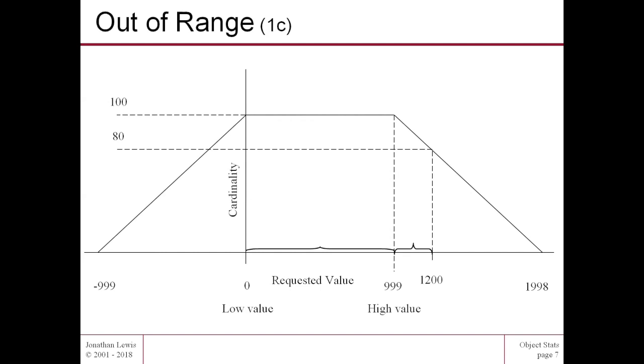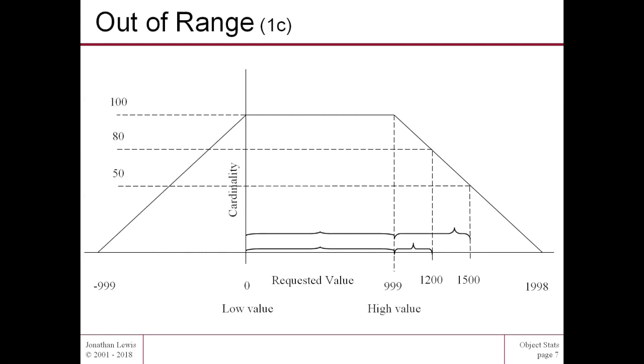And roughly speaking, you can look at the two areas I've highlighted there, which says 999 to 1200, that's about 200, divided by the entire range of about 1,000. We reduce by about 20%.